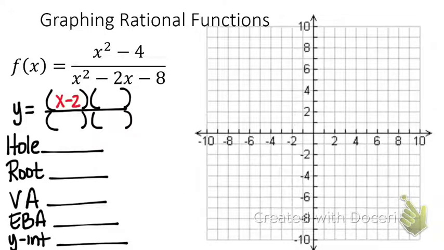X minus 2, x plus 2, so that's the top part. Your denominator, you need 2 numbers that multiply to be -8 and add to -2. 2 numbers that multiply to -8 and add to -2. Anybody know those numbers? -4 and +2.